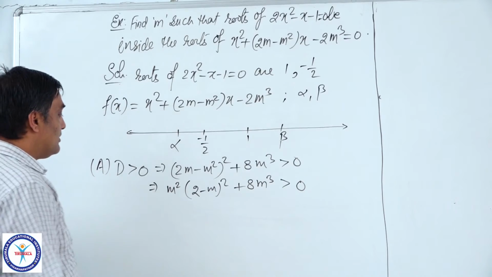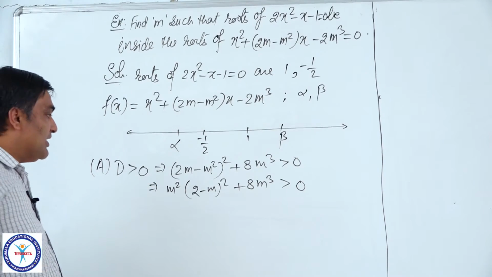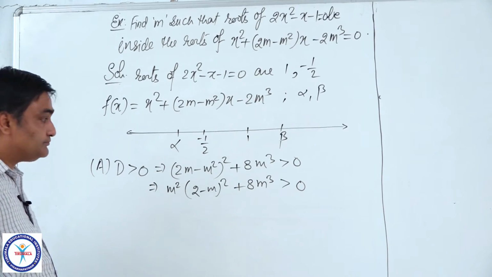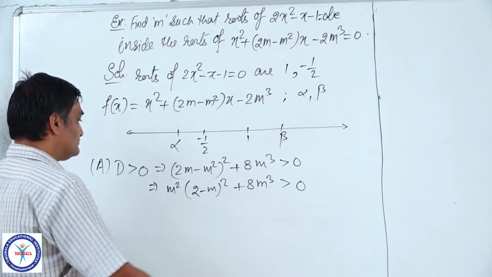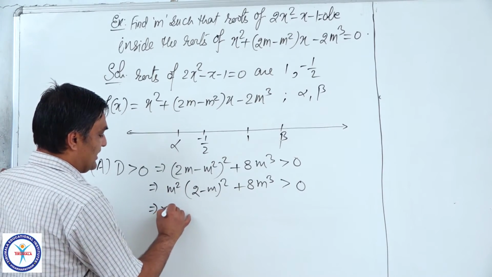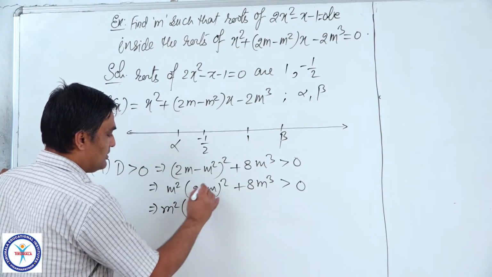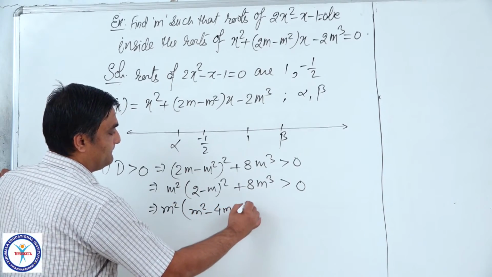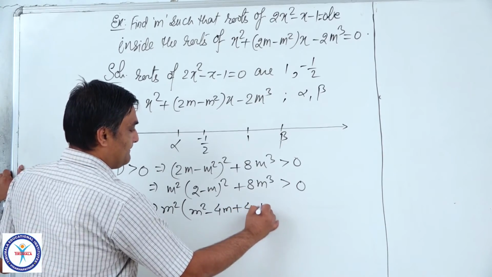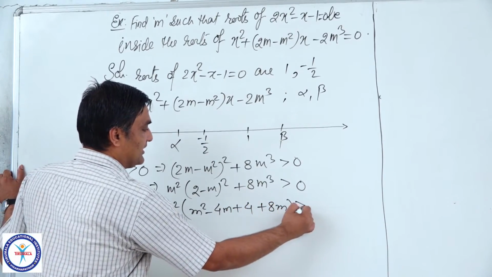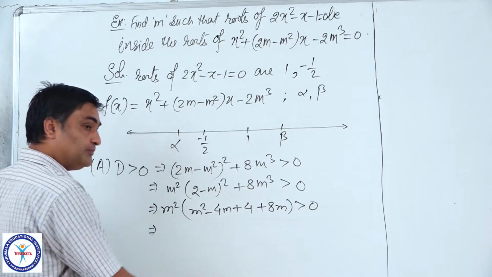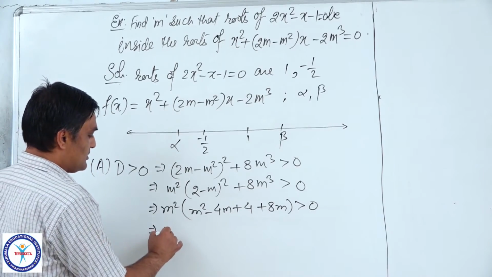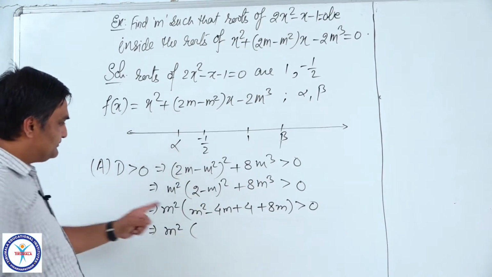That is m square times m square minus 4m plus 4 plus 8m greater than 0. Now what is this?